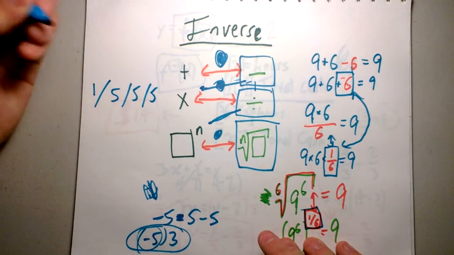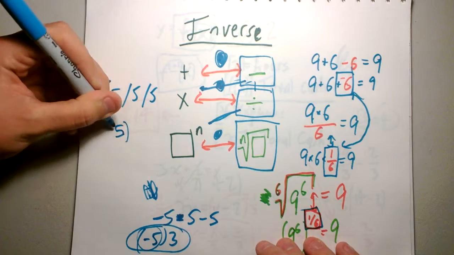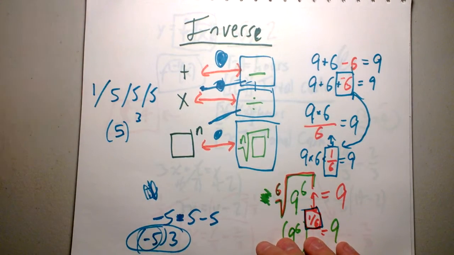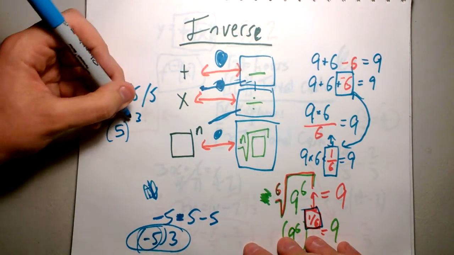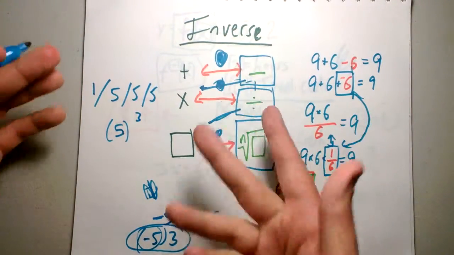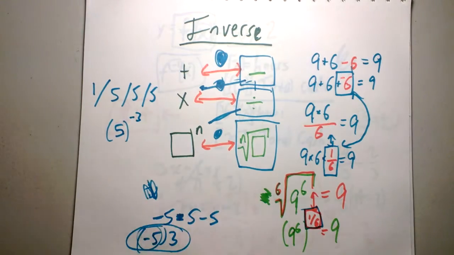So I divide by 5 three times. Sorry, I get confused about that. If I made it positive, that would be multiplying times 5 three times. But I didn't do that. I divided, so we make it negative.